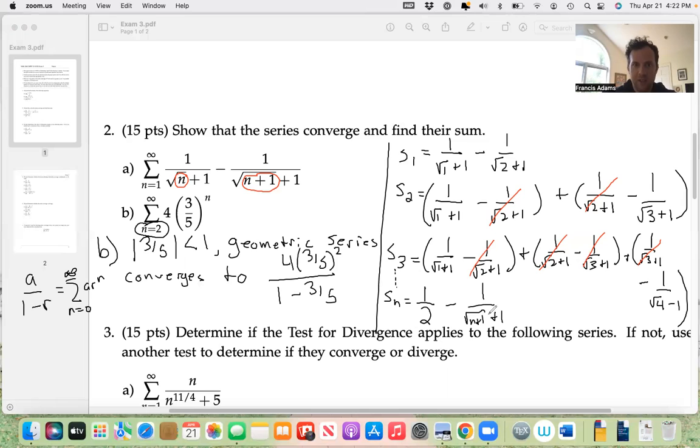And then given this, we use the actual definition of sums of series. The sum equals the limit of these SNs. And what is special about telescoping is that, in general, the sum is the limit of these partial sums, but now we have an explicit formula.